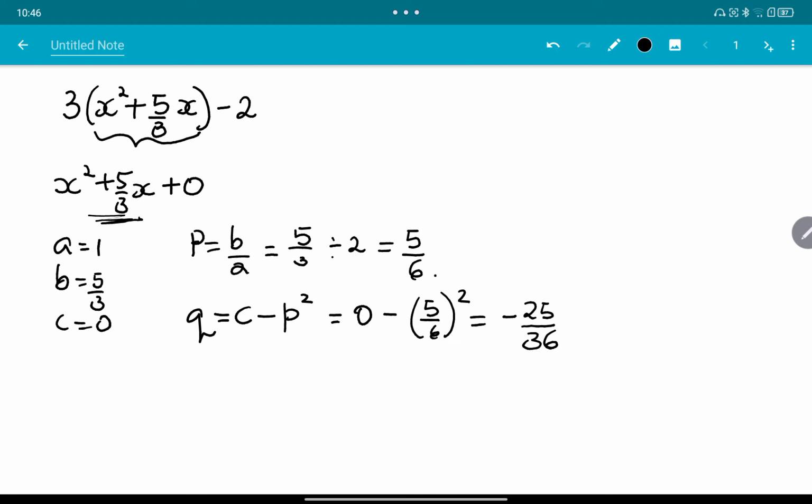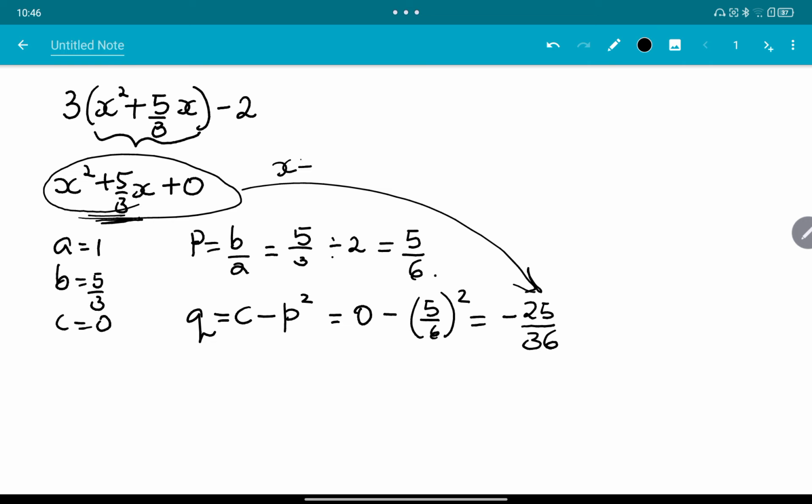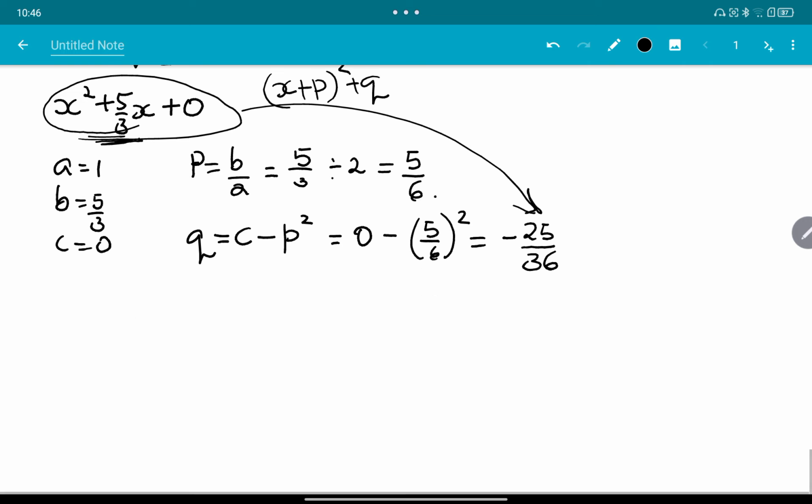Okay, I substitute this, so I write this in the form x plus p squared plus q. When I do that, I'll have x plus 5 over 6 squared plus q, and the q in this case is negative 25 over 36.